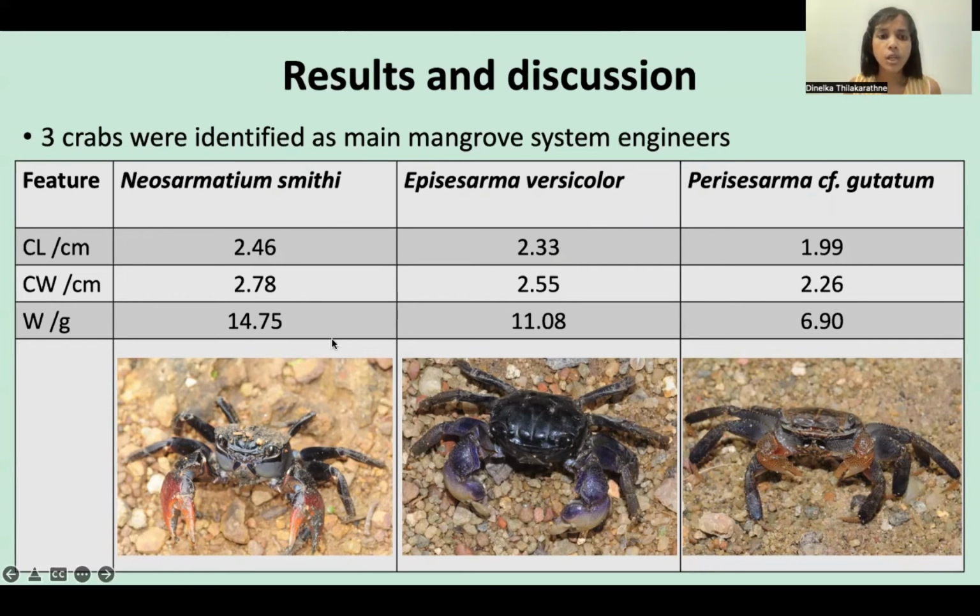Out of these 3, we found that Neosarmatium smithi was the largest species. So it has the carapace length of 2.46 centimeters, and the smallest one is the Perisesarma species. It has the carapace length of 1.99 centimeters.